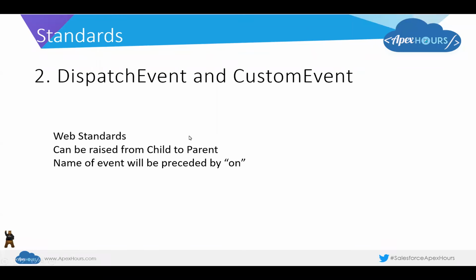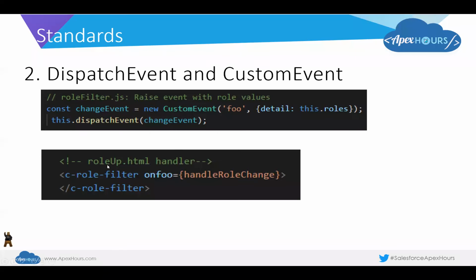And what's important to remember is that whatever you name the event, and you can call it pretty much anything, it will be preceded by the word on. So you don't need to write on when you create your event, because then the result is onon. I'll show, you can see it here. The dispatch event right here, we called it foo.